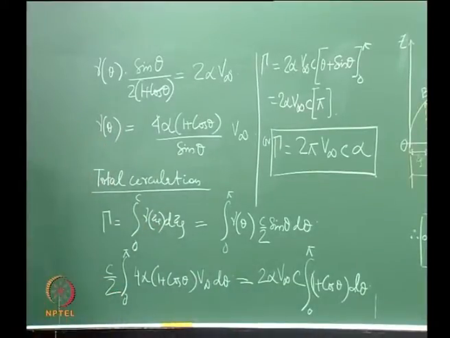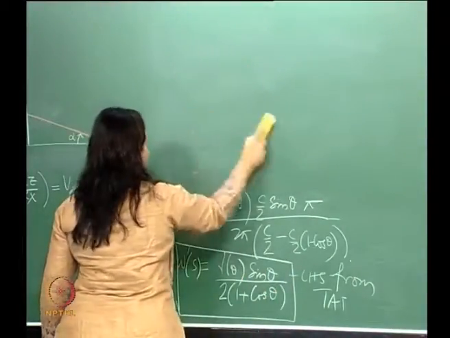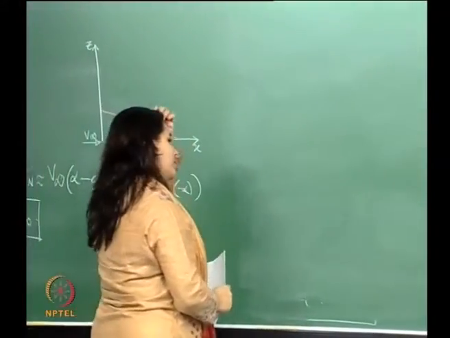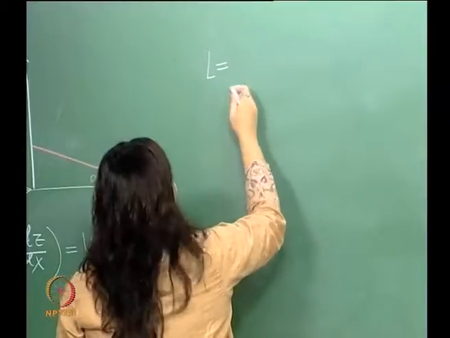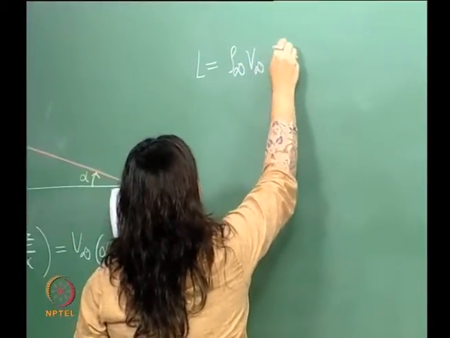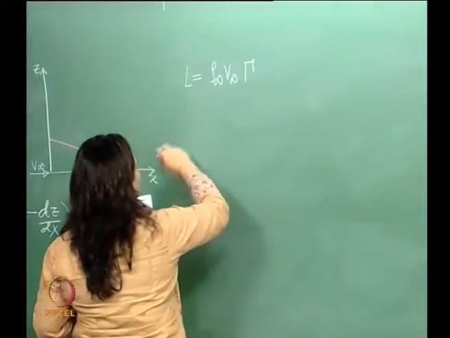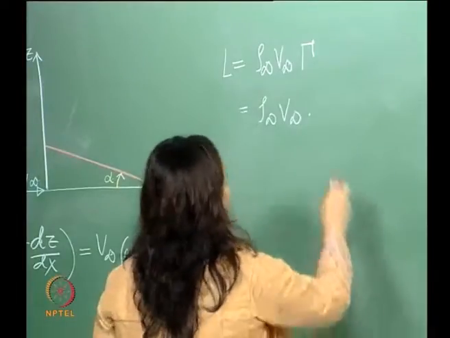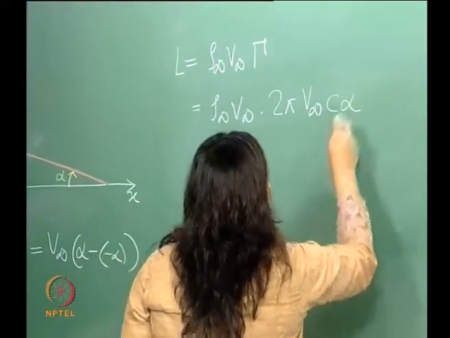Now, we will calculate the CL and CM. To do that, the lift per unit span is given as rho infinity v infinity into the expression we have just derived, which is 2 pi v infinity c alpha.